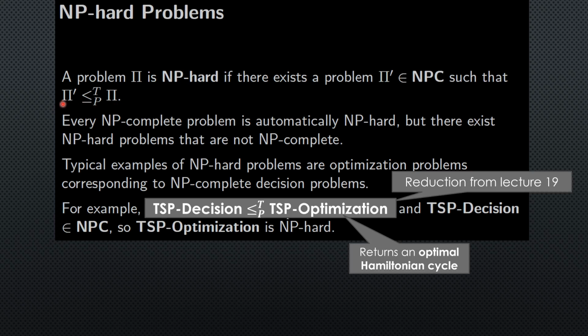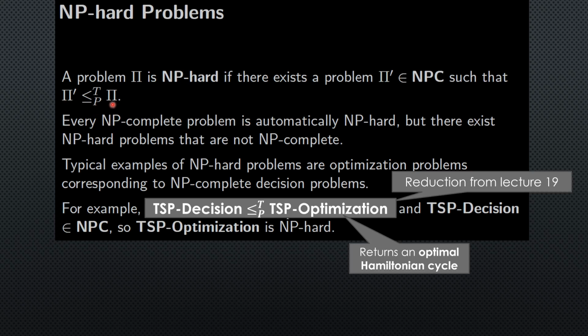Notice, I don't need to show that pi is in NP, or in NPC, or that pi is a decision problem. Just if an NP complete problem can be reduced to pi, pi is NP hard. That means immediately that all NP complete problems are NP hard, because I can reduce an NP complete problem to another NP complete problem.